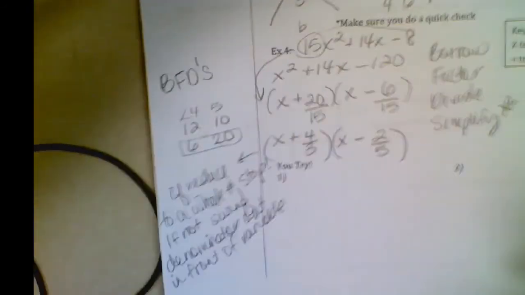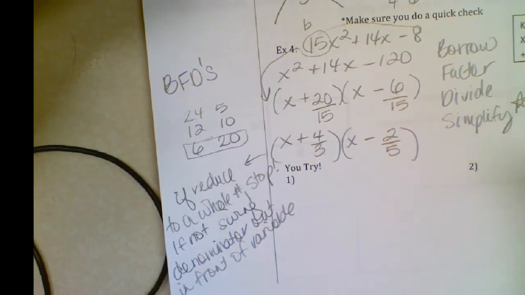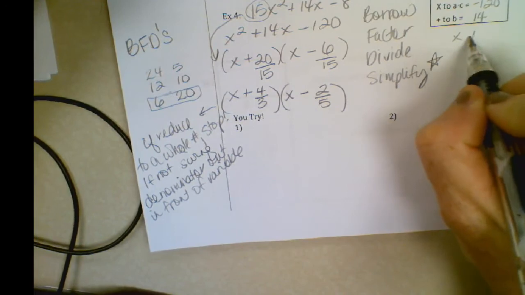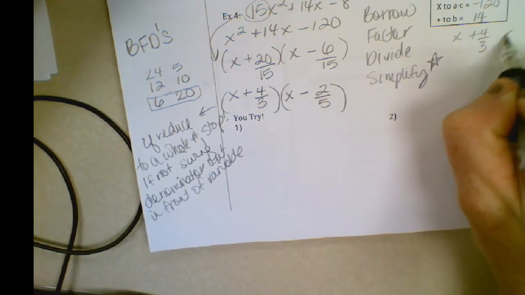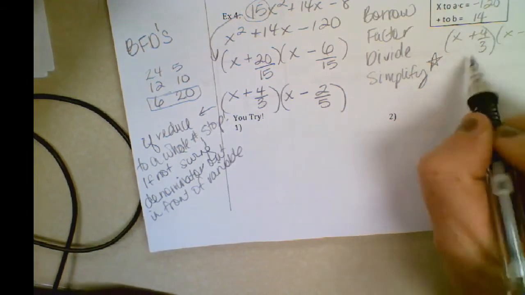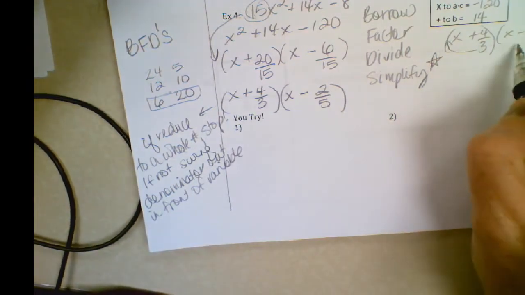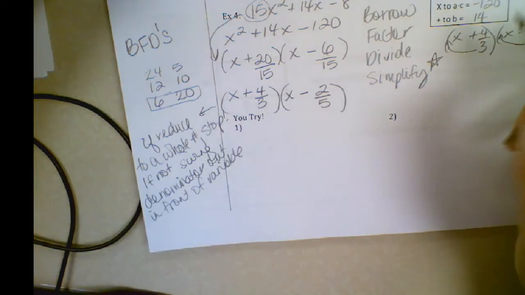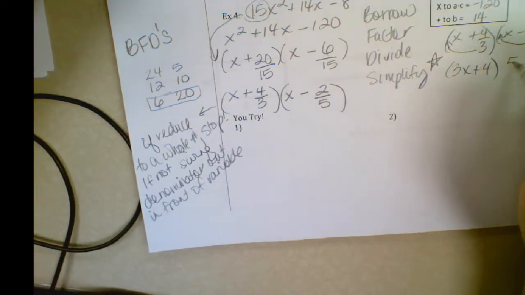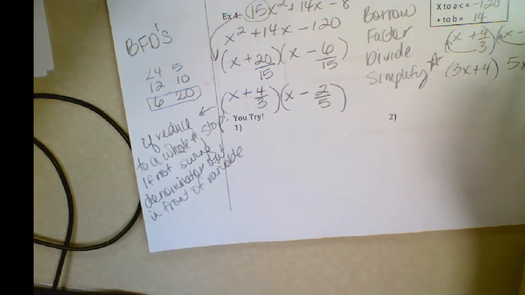Okay? So for example, on this one, we have x plus 4/3 and x minus 2/5. Well, neither one of those simplify to a whole number. So all I'm going to do is swing that number, that denominator, right in front of the x. So I get 3x plus 4 and 5x minus 2.